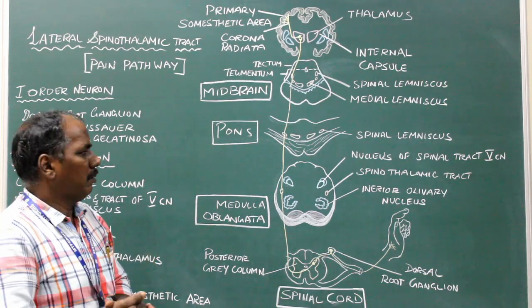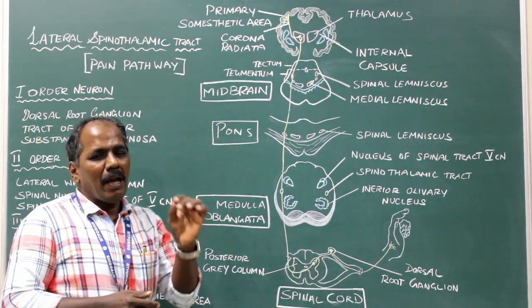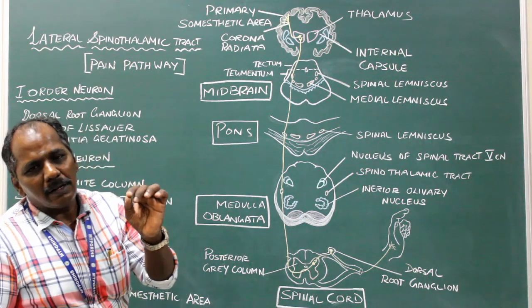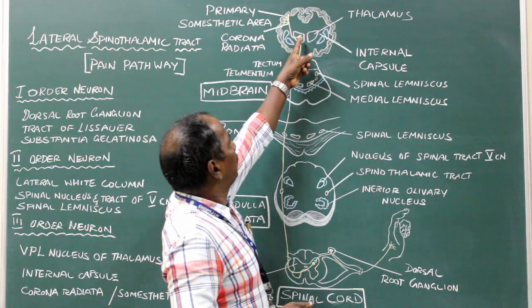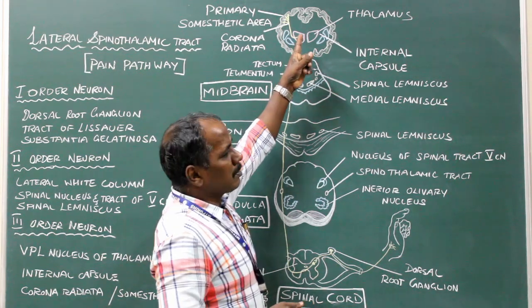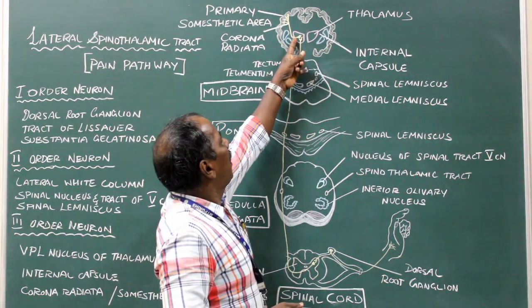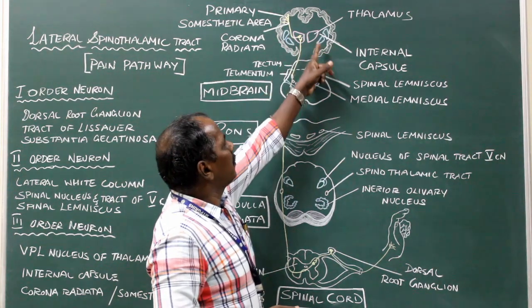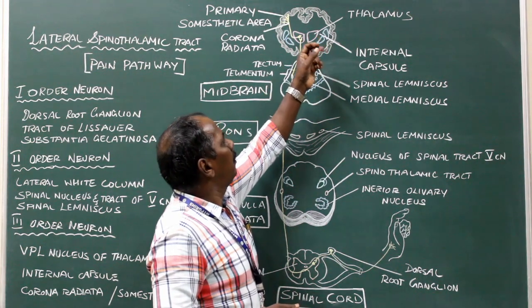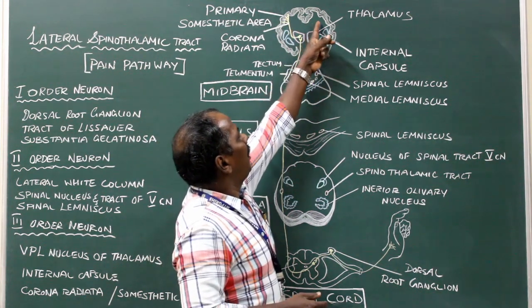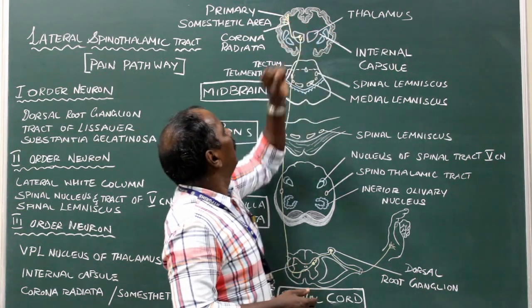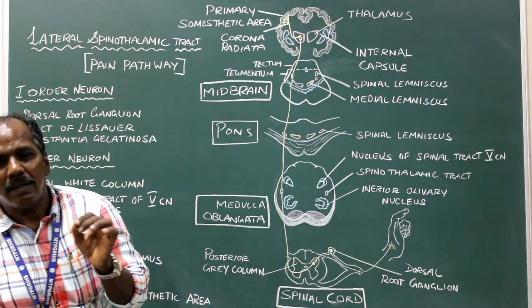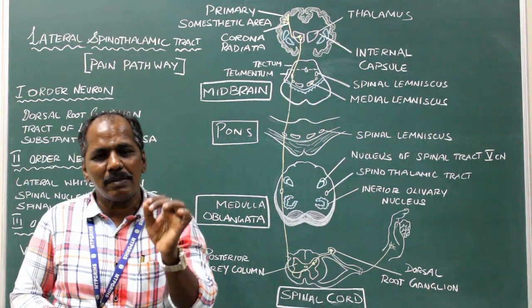Third order neuron. The axons of the third order sensory neurons arise from the ventral posterolateral nucleus of the thalamus and pass through the internal capsule and corona radiata, and finally reach the primary somesthetic area and secondary somesthetic area.